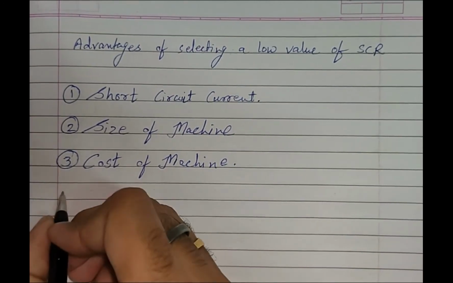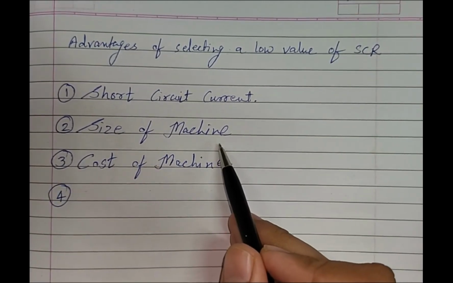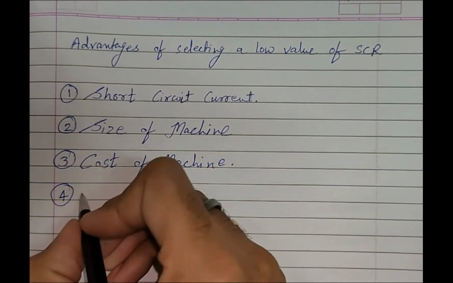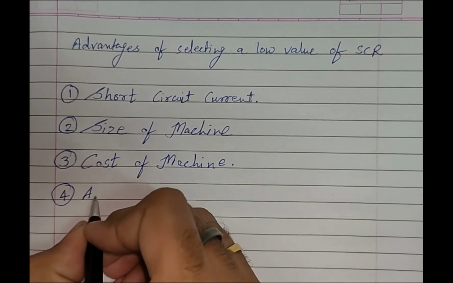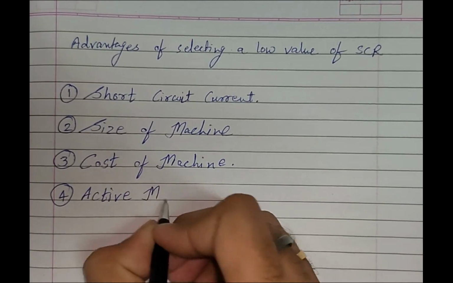The fourth point is also related to the second point, that is the size of the machine. If the size of the machine is reduced, the elements used in the machine would also reduce. So now let us talk about the active material used in the machine.